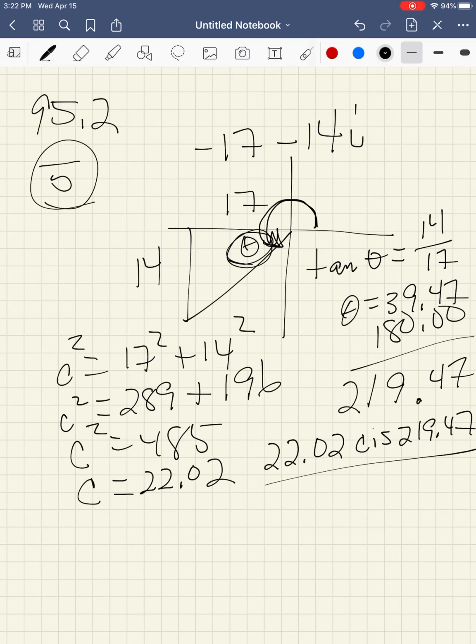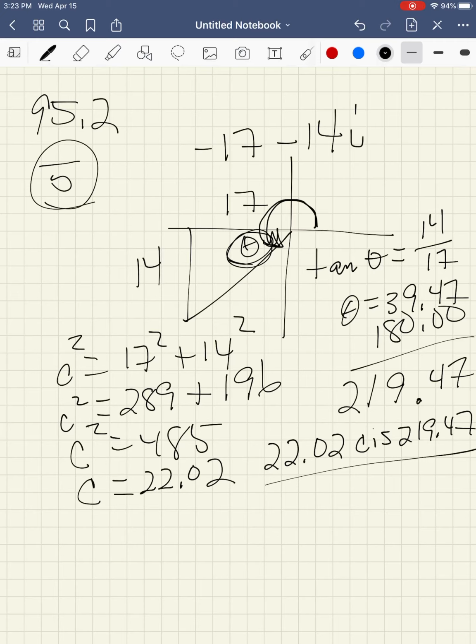So we need to take the fifth root of 22.02. So I'm going to put in a 5, go to math, and where is it? Math. Number 5.